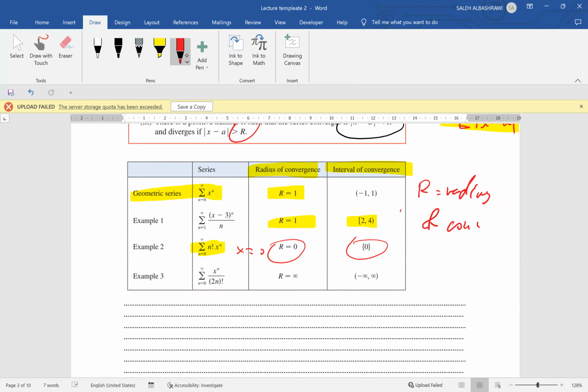Third example, if we have x to the power n divided by (2n) factorial, then we'll see that the limit of the ratio test is equal to 0 for any x. So r will be infinity, and the interval of convergence will be minus infinity to plus infinity. And this will also be discussed in detail in the coming lecture.